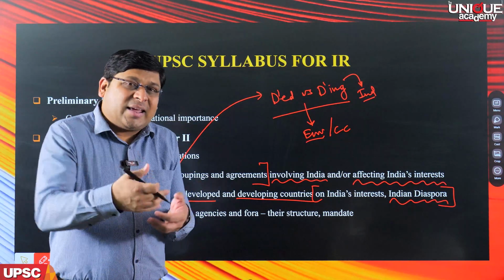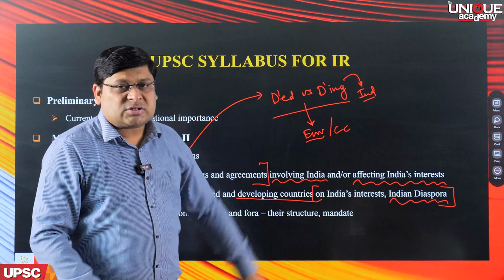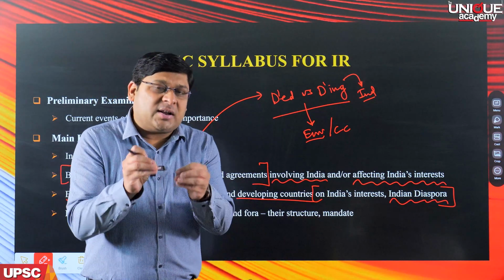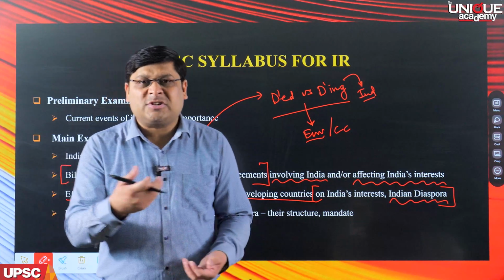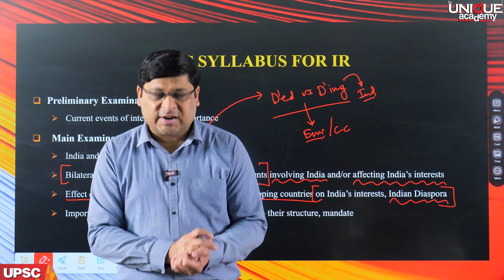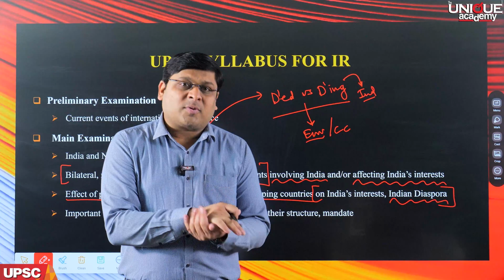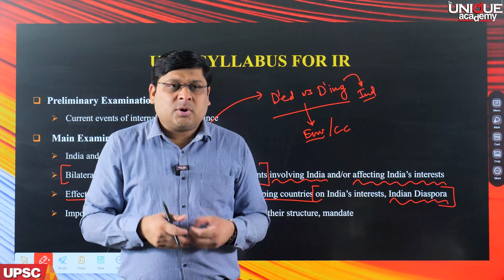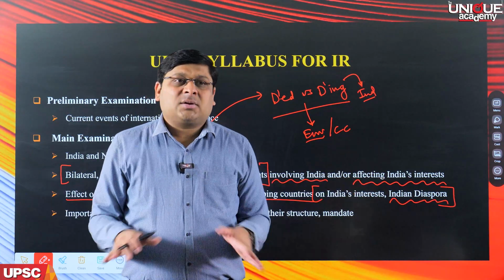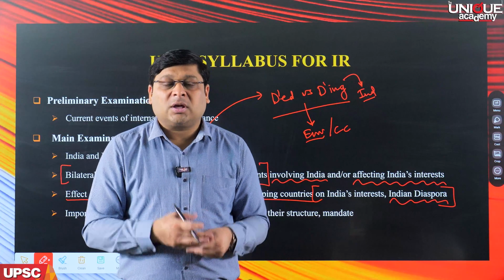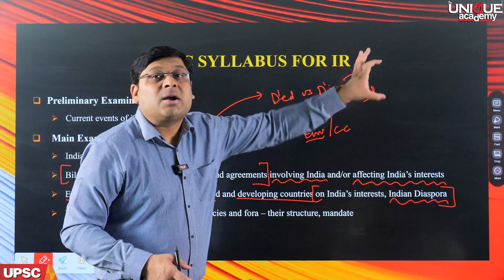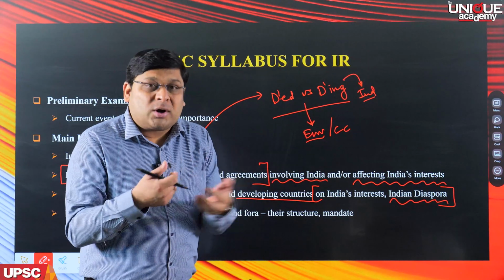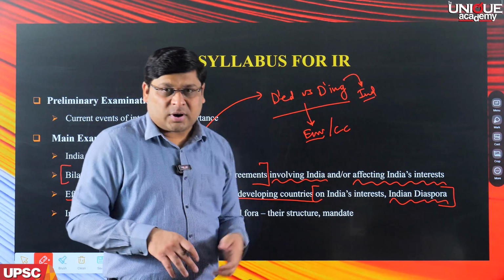That is why India takes a stand which is in sync with these countries. I'll give you a latest example. Recently, we had the presidency of the G20 group of countries. In our presidency, we made it very clear that we would voice the concerns of the Global South. And Global South is nothing but developing and underdeveloped countries. So this is politics going on between developed countries and developing countries.